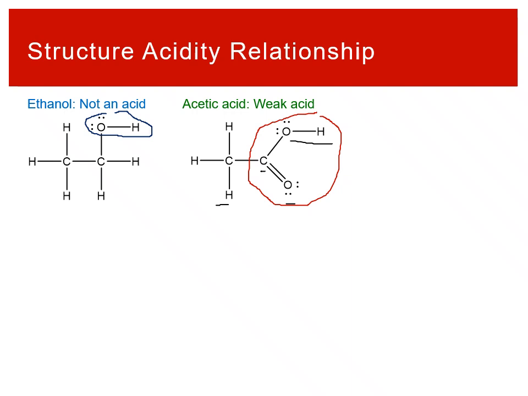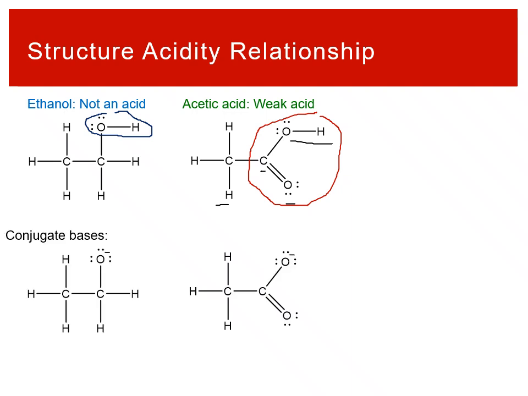Basically, that OH bond does not break. You don't produce H plus when you dissolve ethanol in water. And if we want to think about why that is, we can look again at the conjugate bases of what would happen if these things did behave as acids. In the case of ethanol, you end up putting this negative charge right on the oxygen. It's bonded to carbon, which has a relatively low electronegativity.